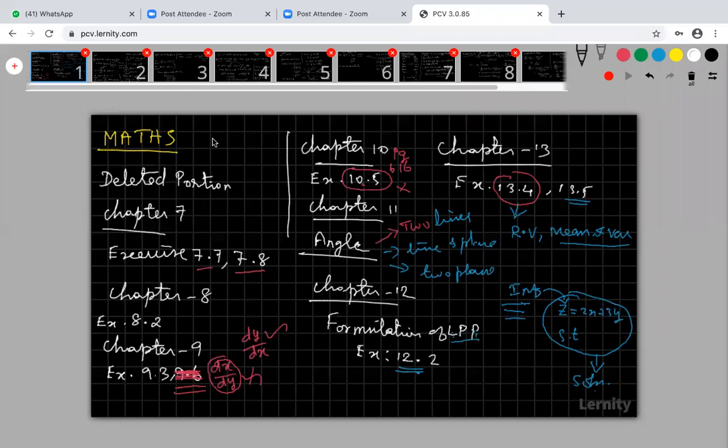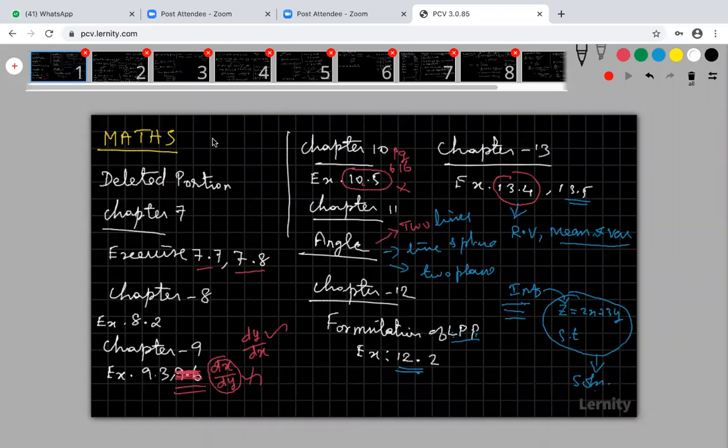Exercise 7.7, 7.8. These two exercises and example problems are all deleted from our syllabus. Totally two exercises, and the corresponding example problems are also deleted. That section is totally deleted.